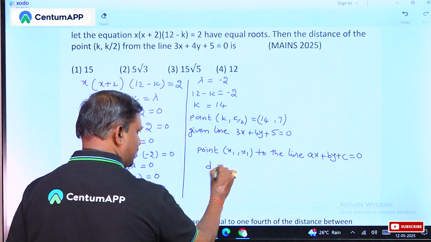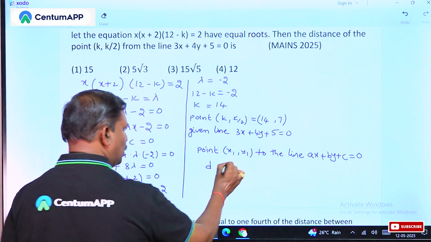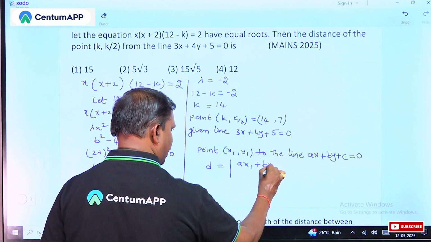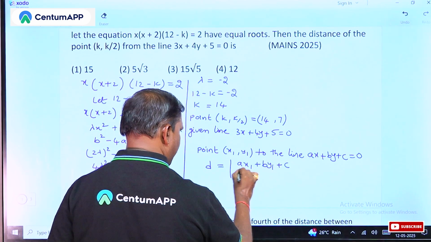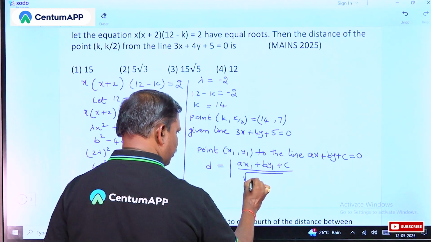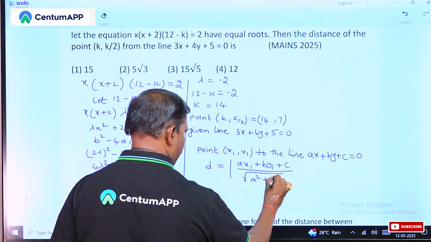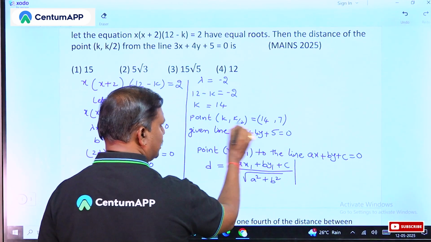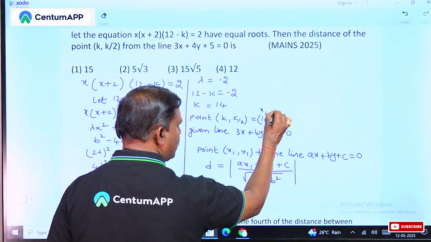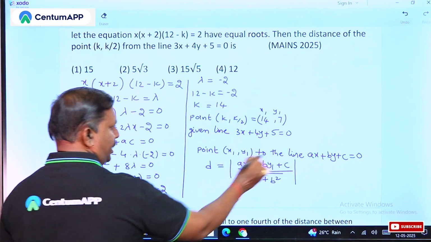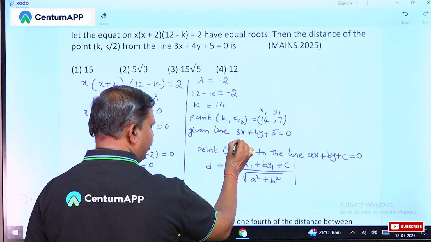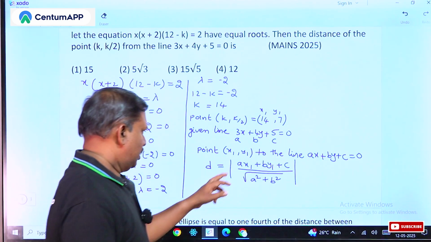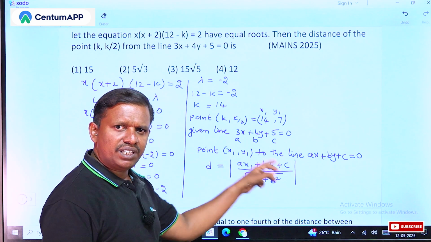Distance represented with d. d is equal to modulus of (a x1 plus b y1 plus c) by square root of (a square plus b square). This is the formula. Now here we got point (14, 7), this is x1, y1. Here a value is 3, b value is 4, c value is 5.